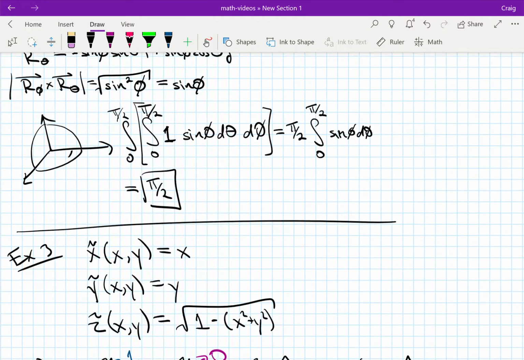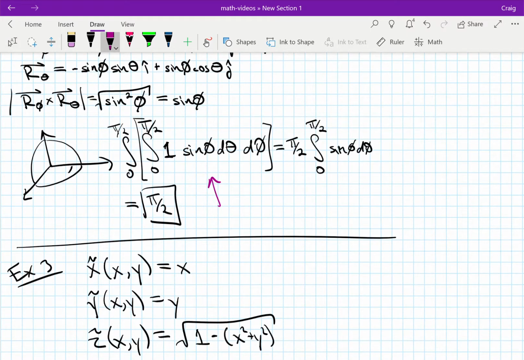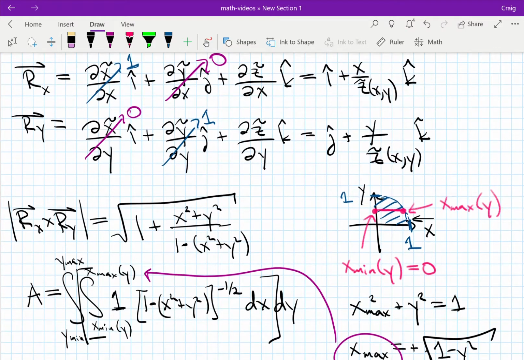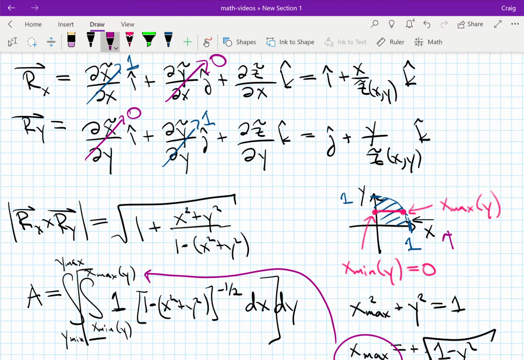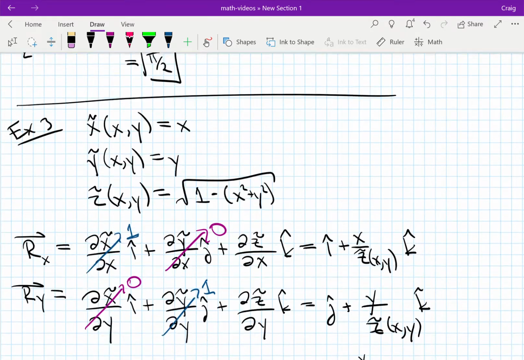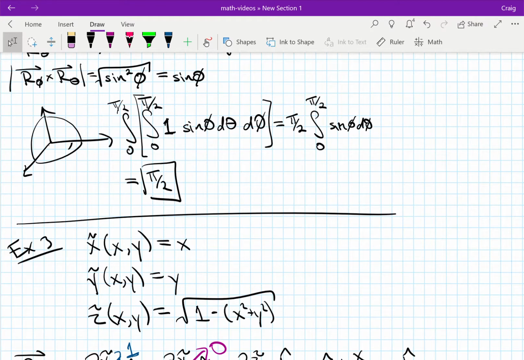But I would argue that this procedure right here, where we didn't have to think so hard about the limits of integration on theta and phi, is much more natural in a spherical description. It's more natural to think about theta and phi than about x and y, where the limits on y will depend on the value of x, whereas over here, the region that I'm integrating over, the limits on theta do not depend on phi, or vice versa.